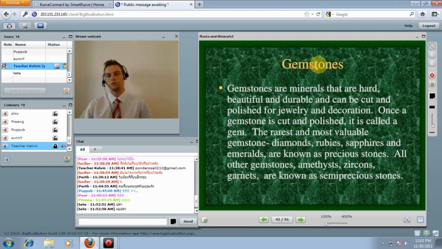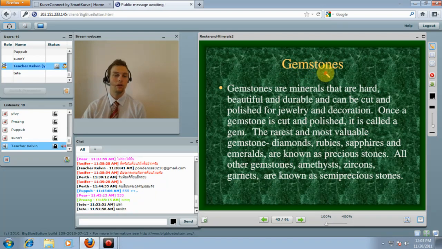So gemstones. Gemstones are interesting because throughout time we've developed a value on gemstones. When you think of a gem, I usually think of emeralds or diamonds in particular. These are basically rare minerals, and they're usually on the Mohs scale that we talked about earlier with the hardness.